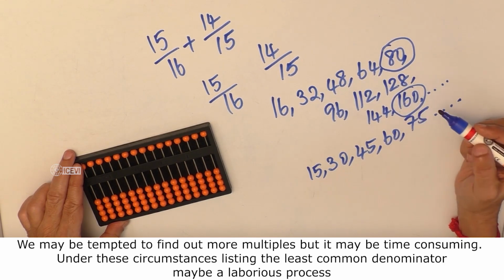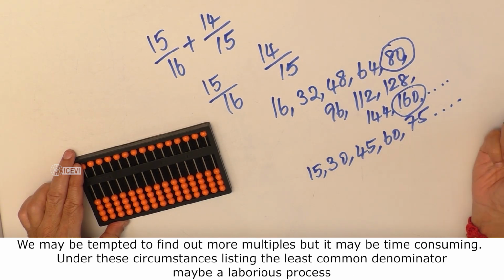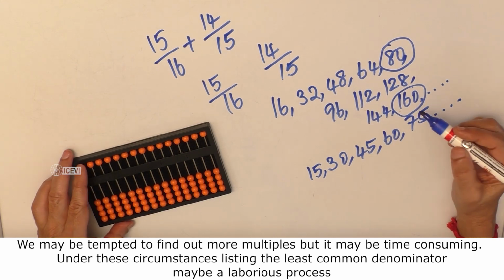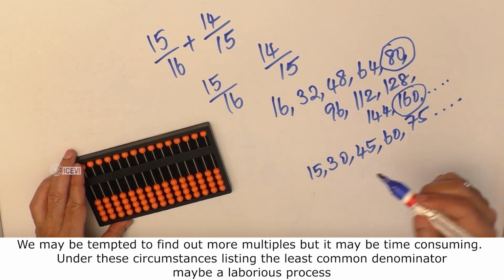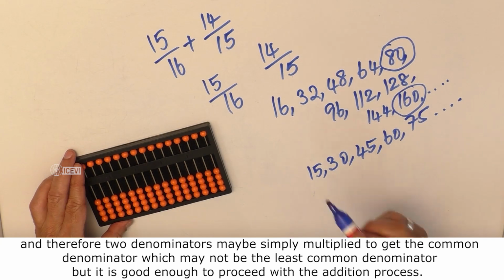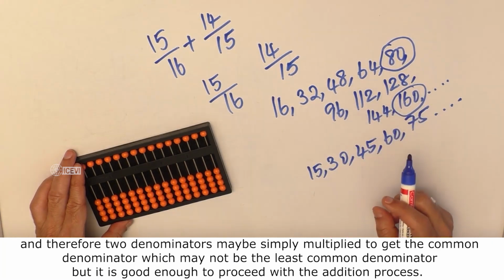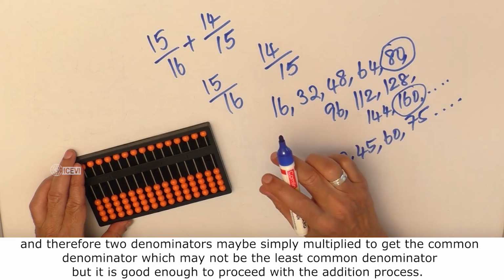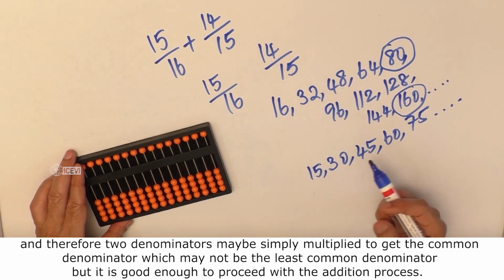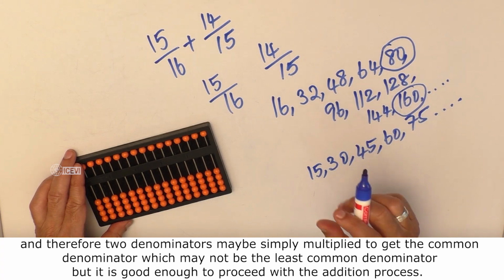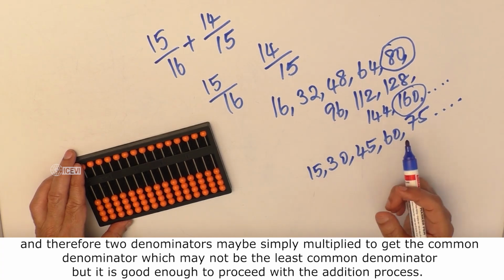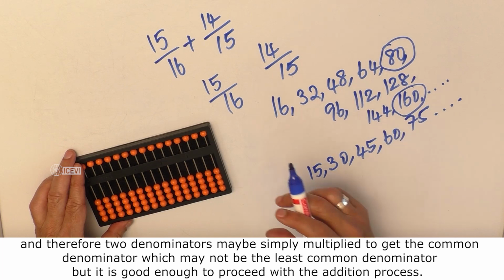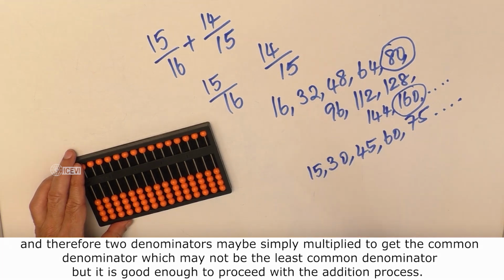We may be tempted to find out more multiples, but it may be time consuming. Under these circumstances, listing the multiples to find the common denominator may be a laborious process, and therefore the two denominators may simply be multiplied to get the common denominator, which may not be the least common denominator, but it is good enough to proceed with the addition process.